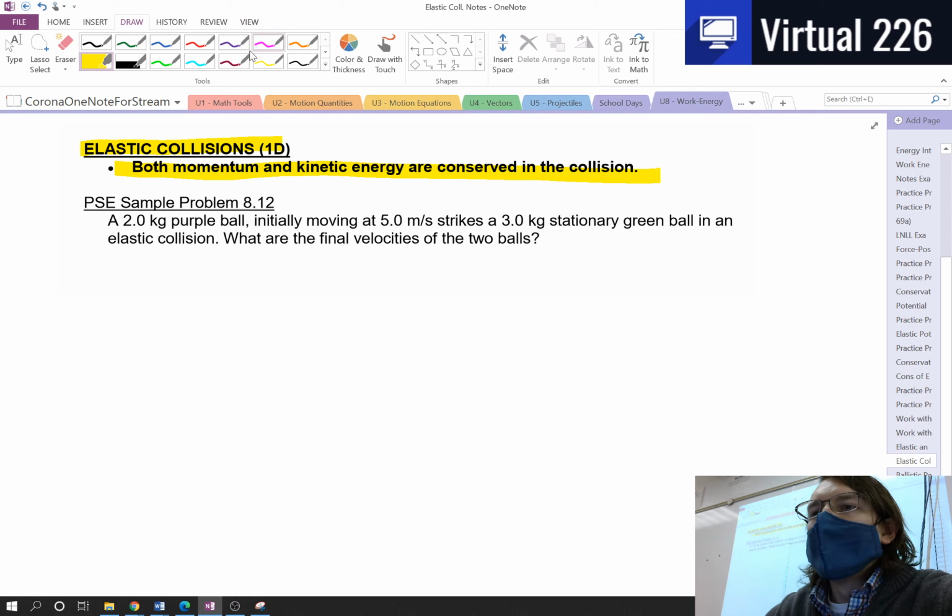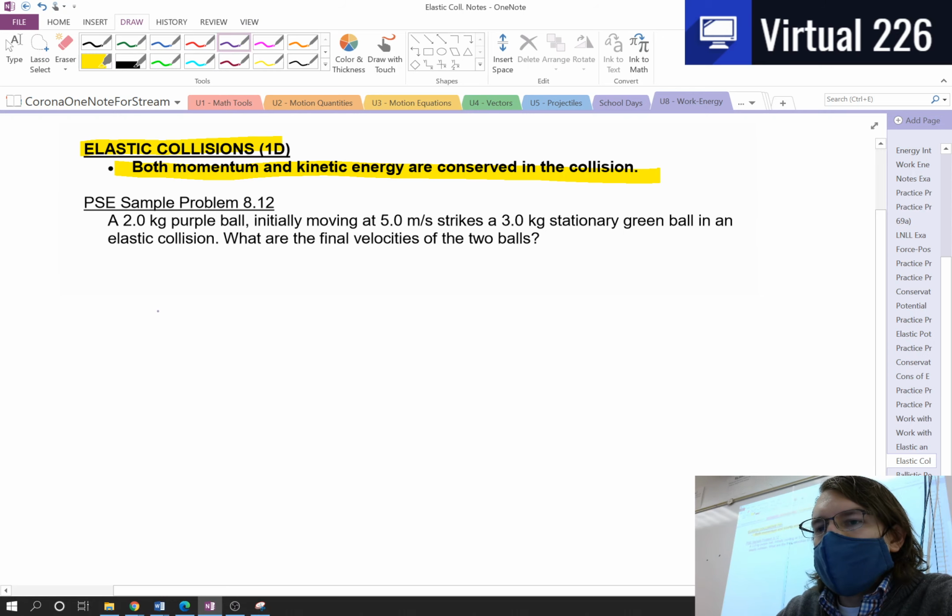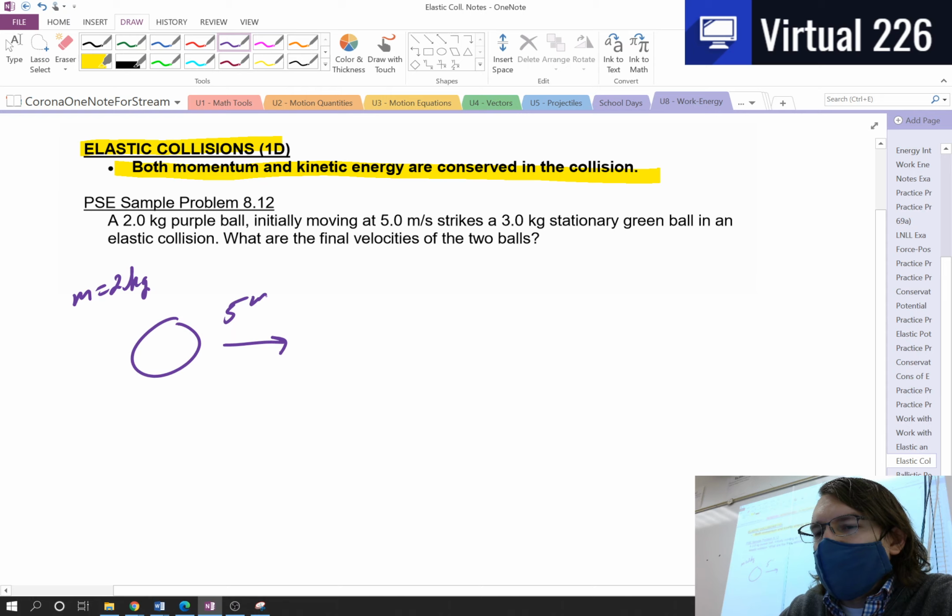Okay? What we have in this setup is a purple ball with a mass of 2 kilograms, and it's initially moving at 5 meters per second. It strikes a green ball that is stationary.